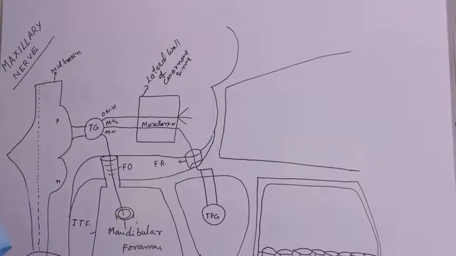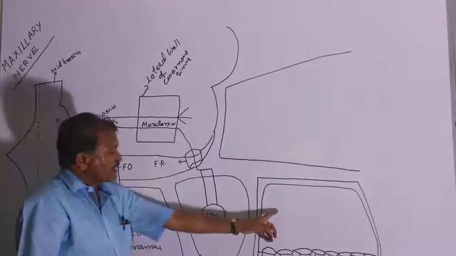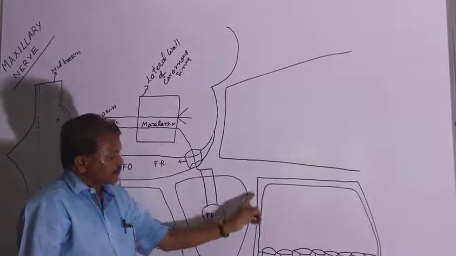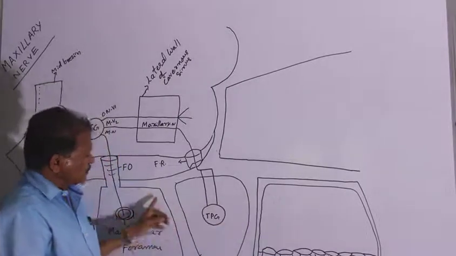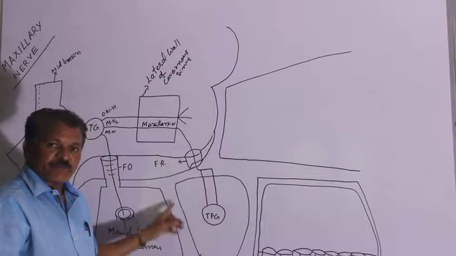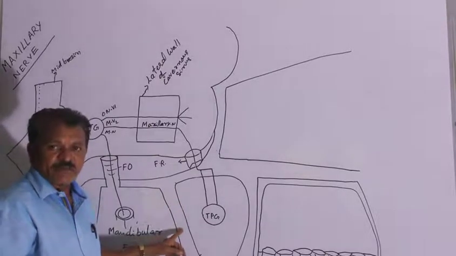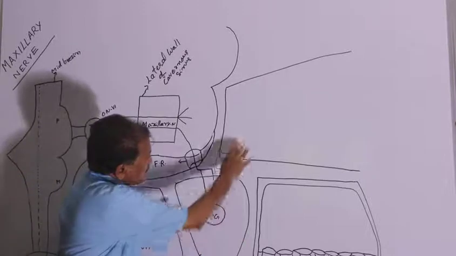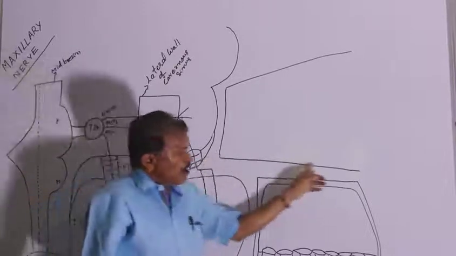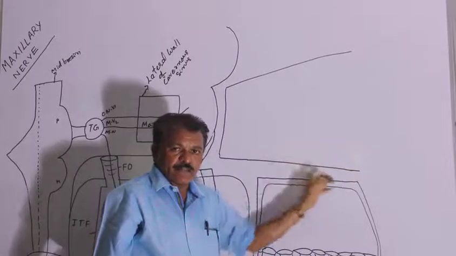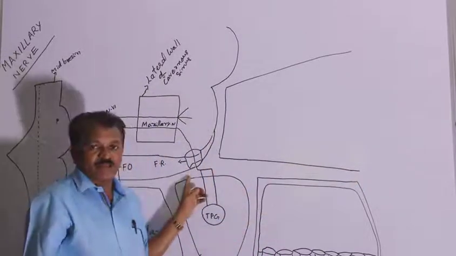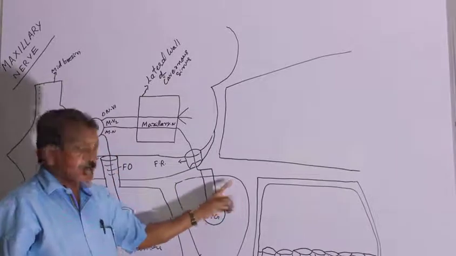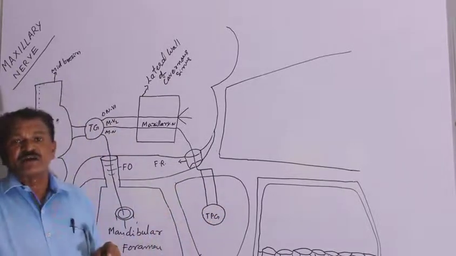In the diagram, anteriorly there is the posterior surface of the maxilla, and posteriorly there is the root of the pterygoid process of the sphenoid bone. Inferior to the orbital plate there is the pterygopalatine fossa, and within it there is the pterygopalatine ganglion.